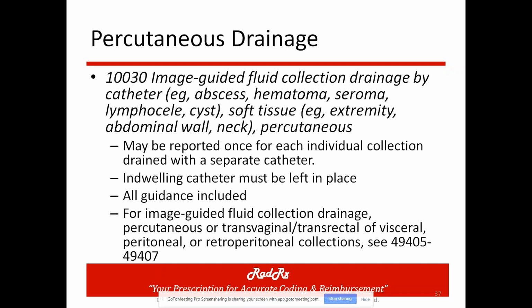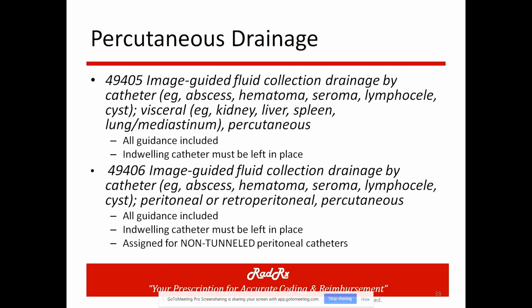That's a big difference from, and I'm going to flip there just for a moment, the 49405 and the 49406. The 49405 is for a visceral drainage of the same things: abscess, hematoma, seroma, lymphocele, cyst. But when we say visceral drainage, we're talking about drainage of an organ, an actual organ.